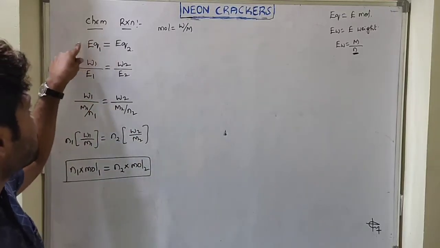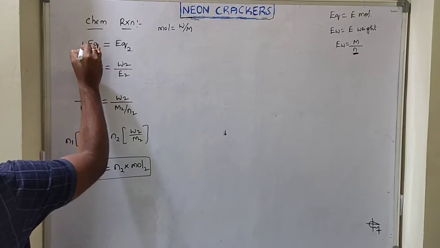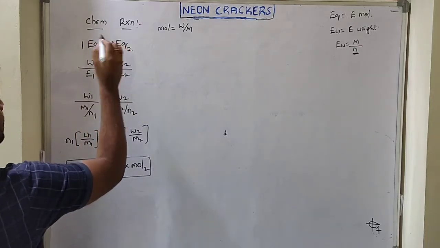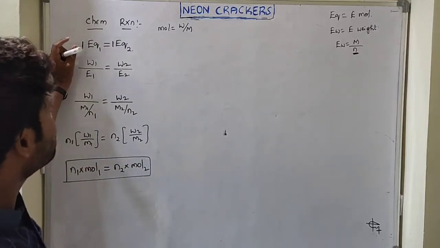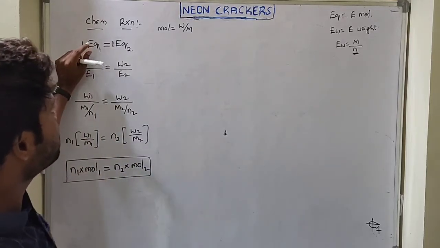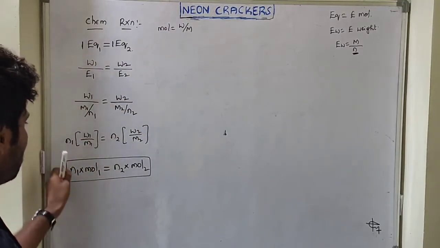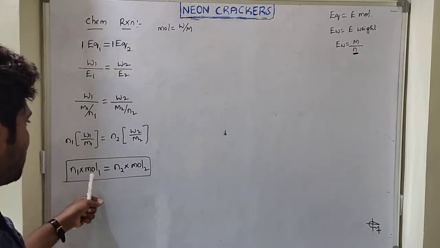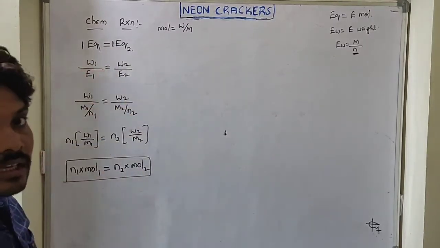Or if they mention equivalents directly, it is a shortcut, because it is always 1 equivalent with 1 equivalent, never 1:2 or 1:3. 1 equivalent of the first substance reacts with 1 equivalent of the other substance. The N factor and the number of moles would be different, but the equivalents should be equal to each other.